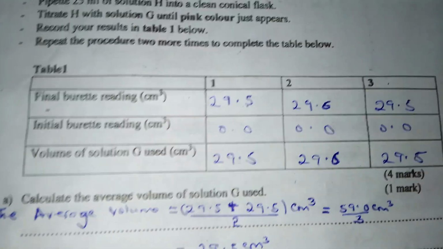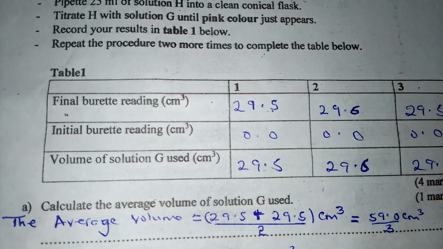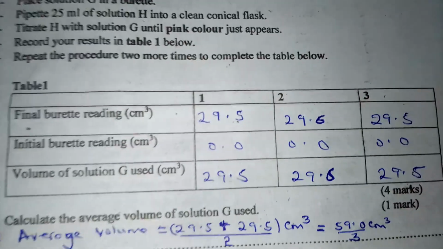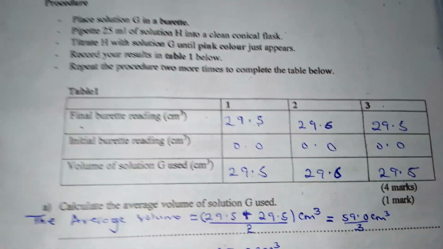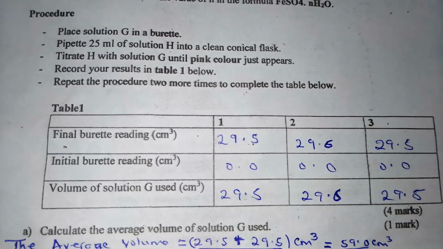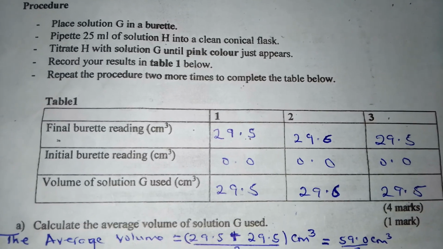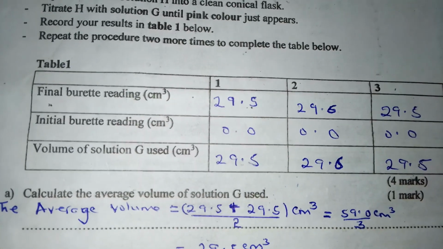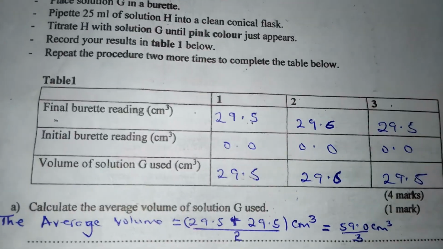So we went ahead and calculated the average volume of solution G used. We took the two values that were very close to each other, the values for column 1 and column 3, and we added them together and divided by 2.